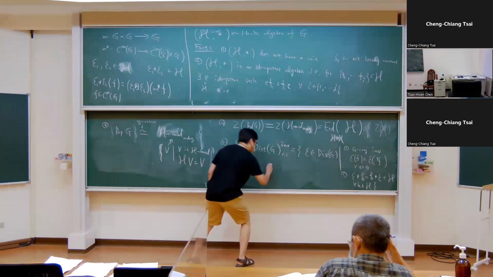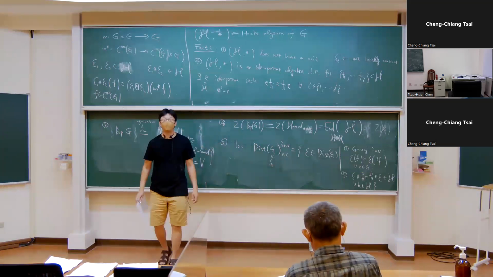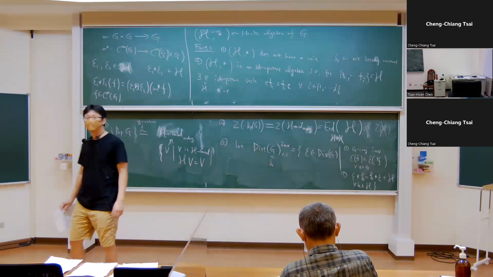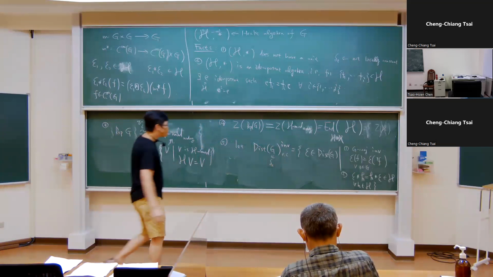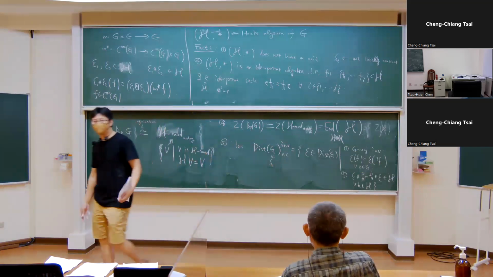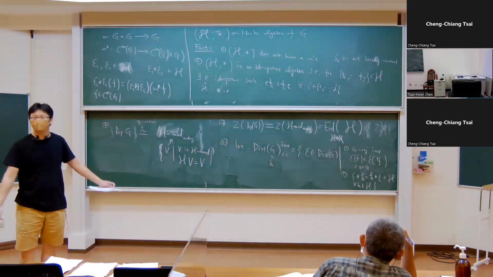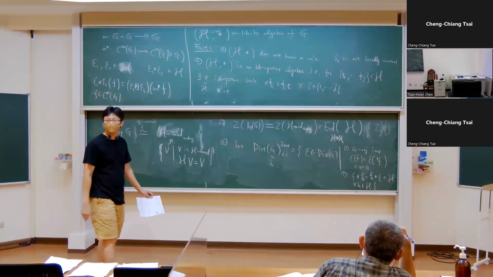For example, the delta distribution is here, the identity element, but it's not in the Hecke algebra. Am I right? Yes. Okay. So it's a difference. So you see, in p-adic groups, you have several choices. They all look a little different, unlike the case of a finite group, where there's only one definition.